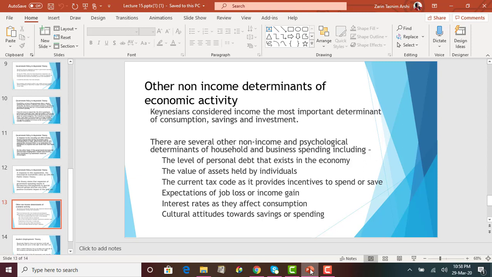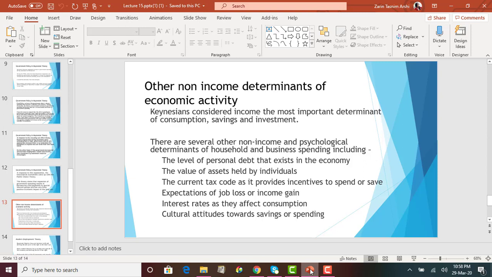Finally, cultural attitudes. Now remember this because sometimes students forget this and they do not select this option as the answer, but cultural attitudes towards spending or savings is also a non-income factor. Like in certain parts of the world, the religion says too much spending is not good, so people do not spend anything other than what is essential.